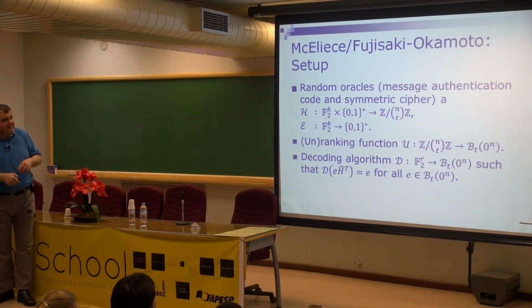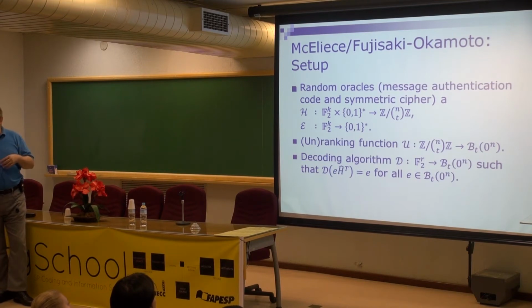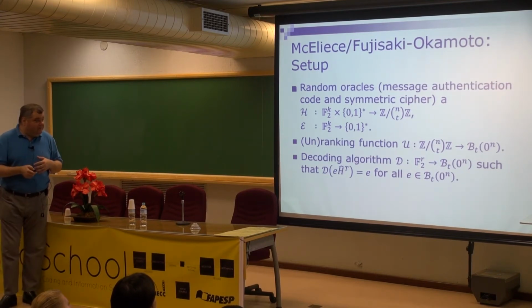What we need is a secure message authentication code and a secure symmetric cipher. So it's plain cryptography. It's not usually based on coding theory, although designing those primitives can involve some coding theory as well.